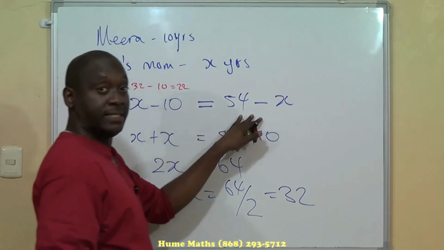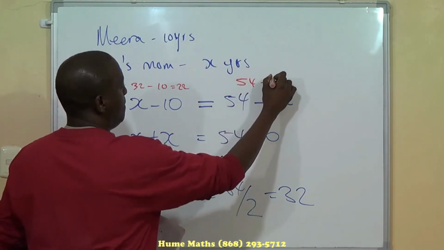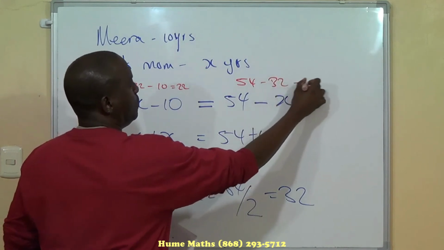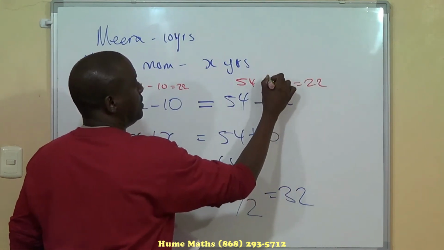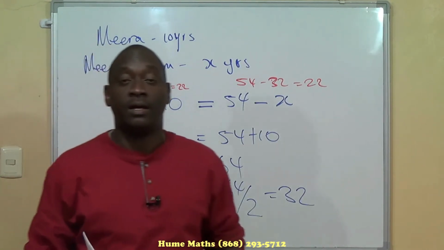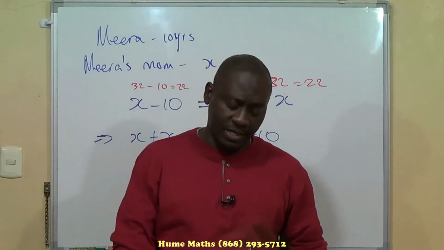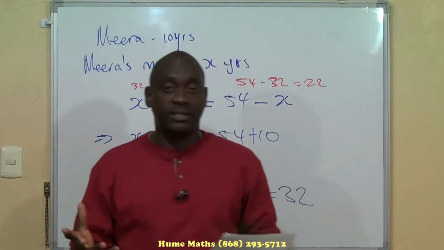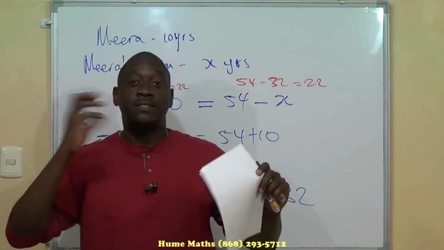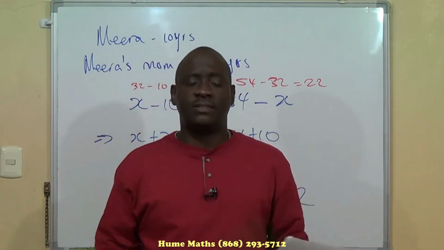And in the same case here, likewise, the difference will be 54 minus 32, which is the same 22. So it doesn't matter what the ages of the two women are, the difference will always be 22.